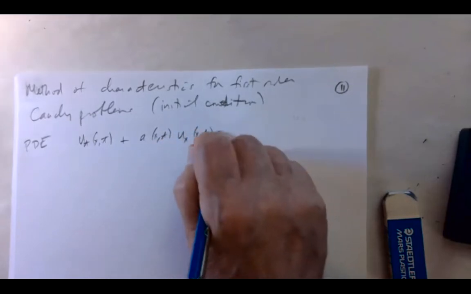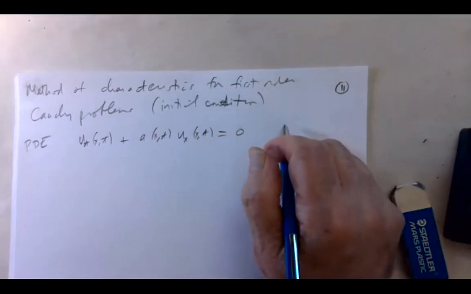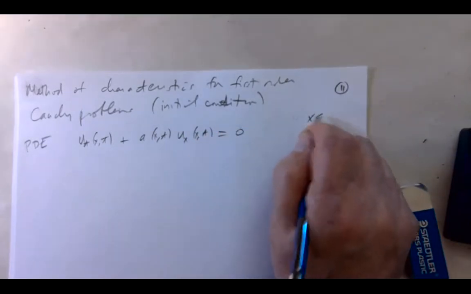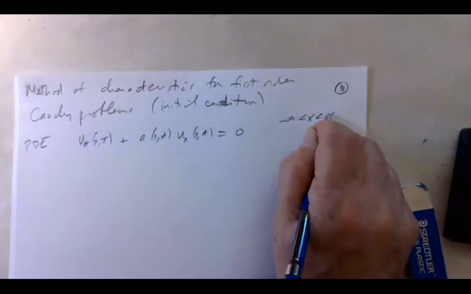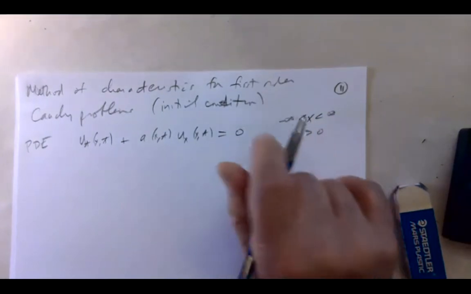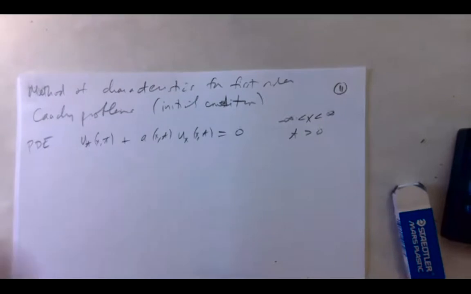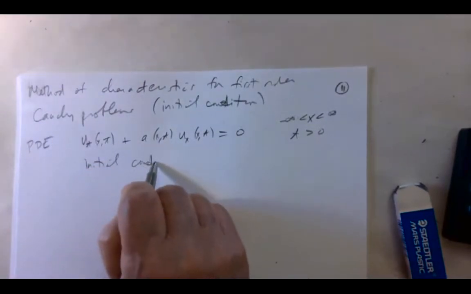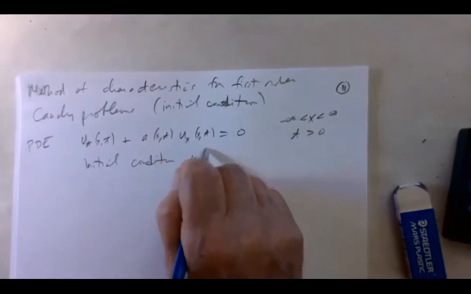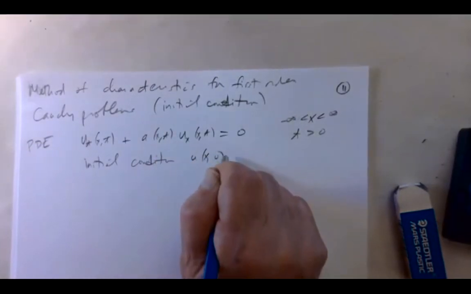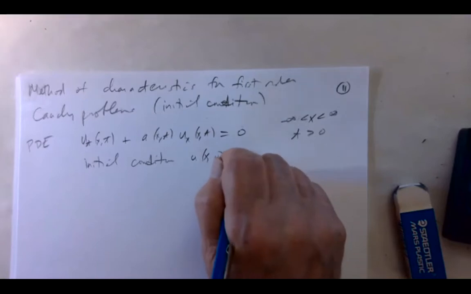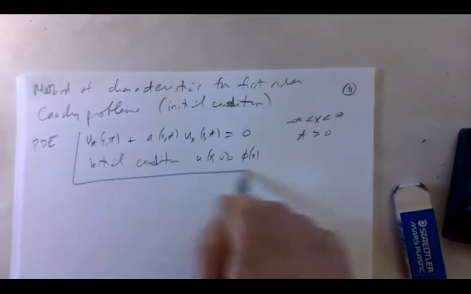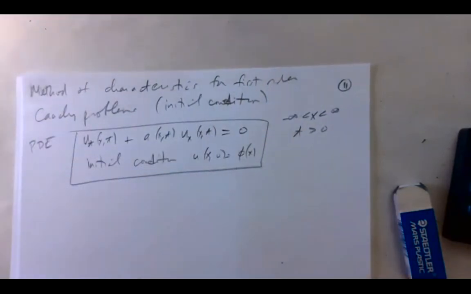Let's look at the homogeneous case, equals 0. So this is for x from minus infinity to infinity and t greater than 0. And we have some initial condition that u of x comma 0 is some function phi of x.